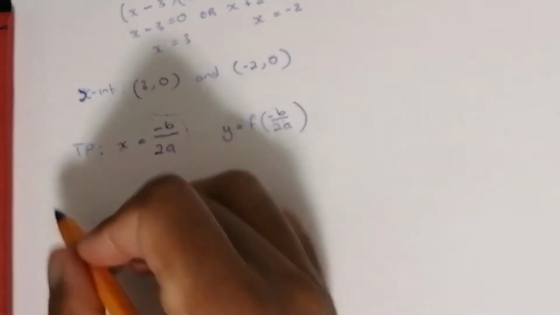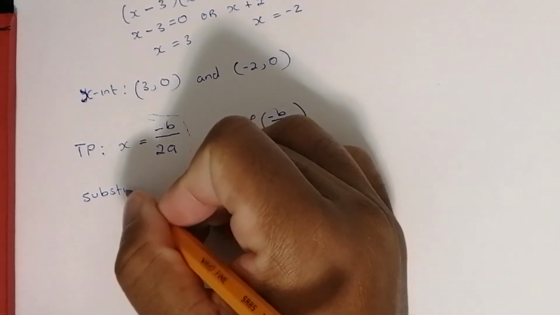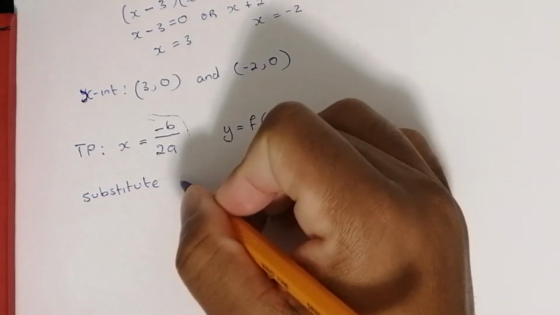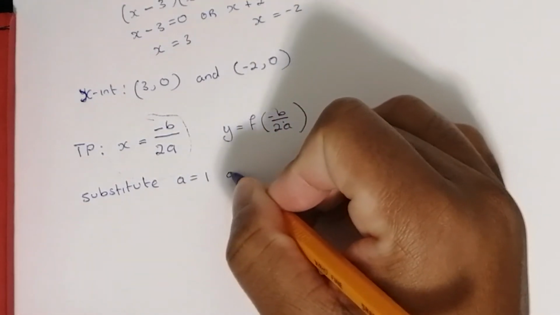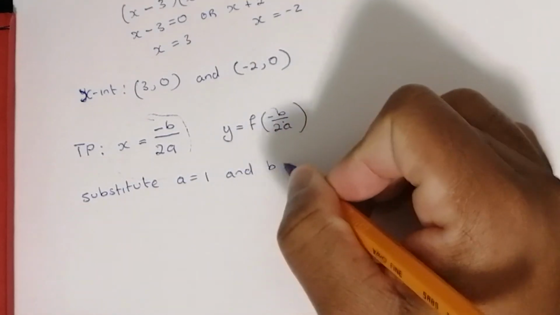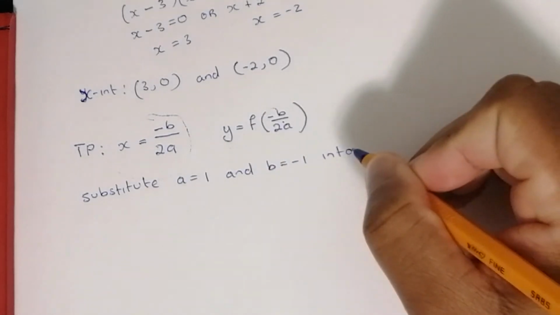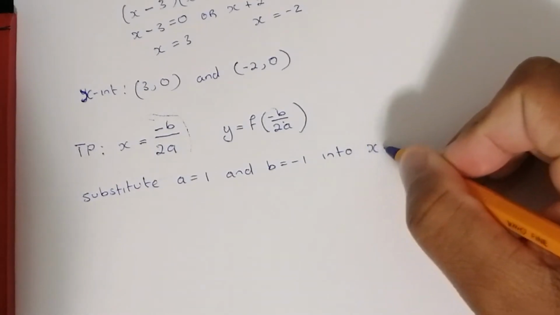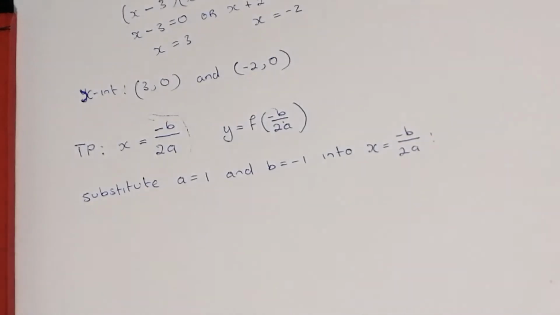So that gives us, I'll just write it as, substitute a equals 1 and b equals minus 1 into x equals minus b over 2a.